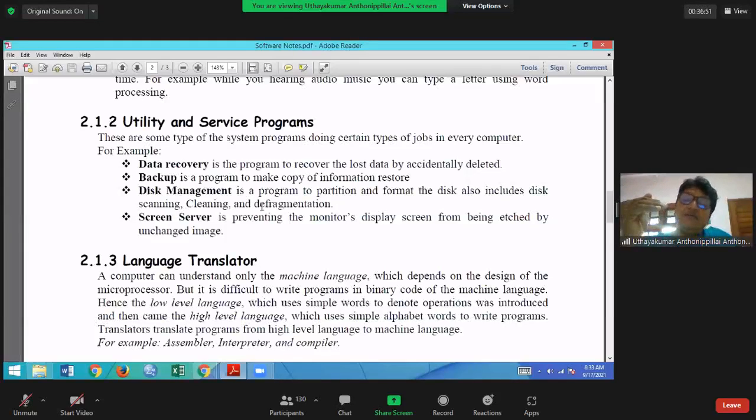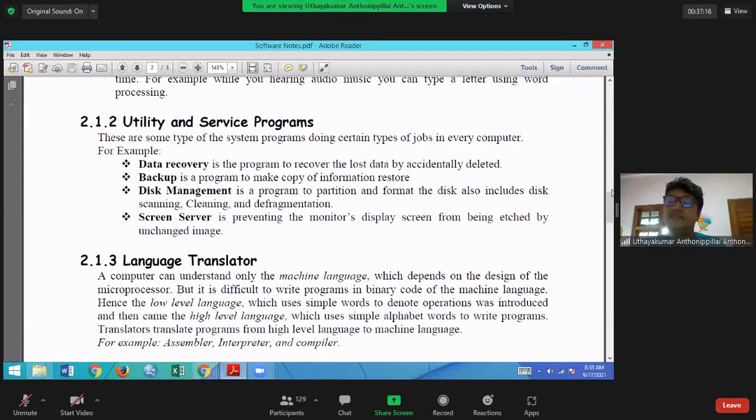It can be reduced using the screen saver. We can adjust the time interval, say 5 or 10 minutes. After 5 minutes, the screen saver automatically plays, and the power consumption of the monitor automatically comes down.